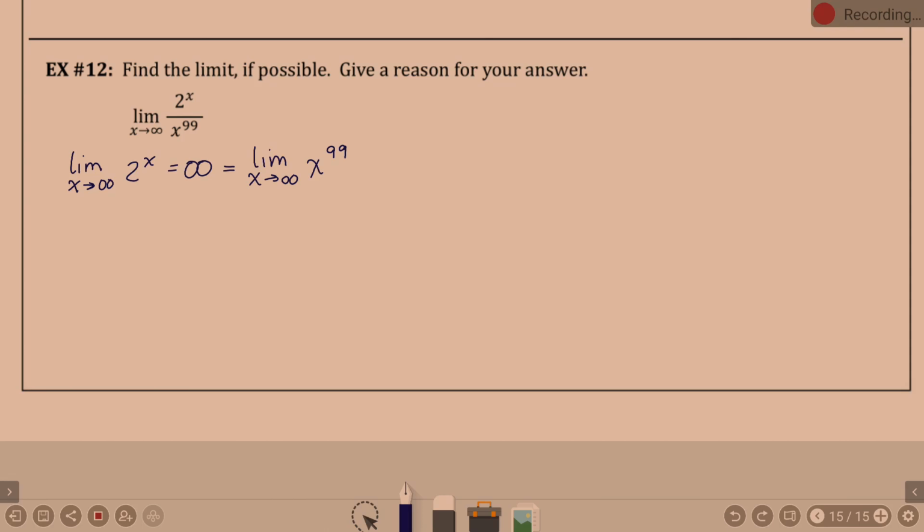The part I guess I would put here is to consider 2 to the x is ultimately going to be greater than x to the 99 just because it's growing faster.